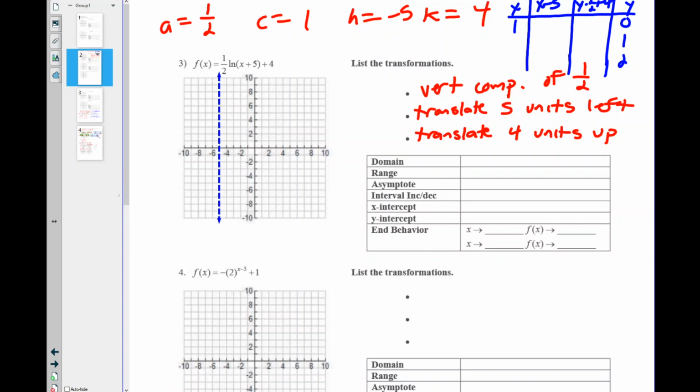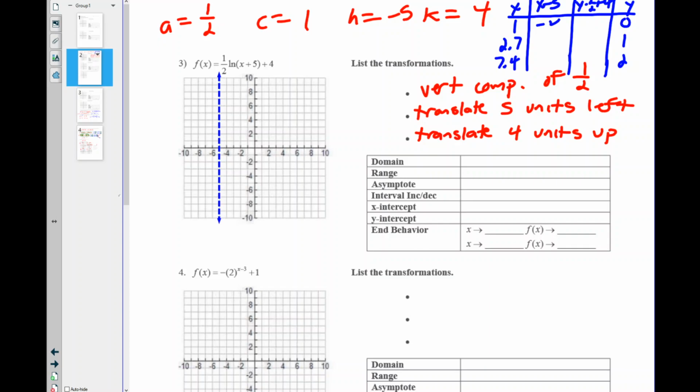E to the 0 is 1. E to the first is 2.7. What was E squared? Where's Zora with my calculator when you need her? E squared is 7.38, so 7.4.